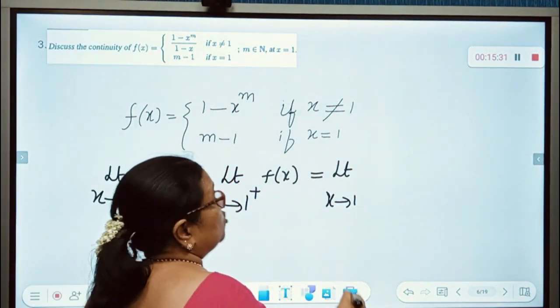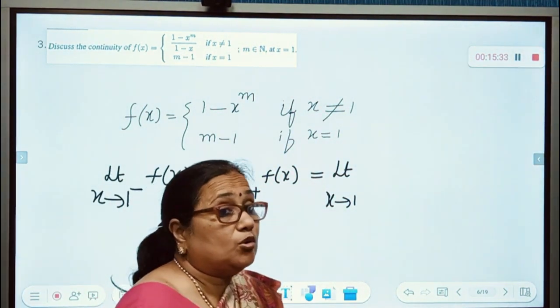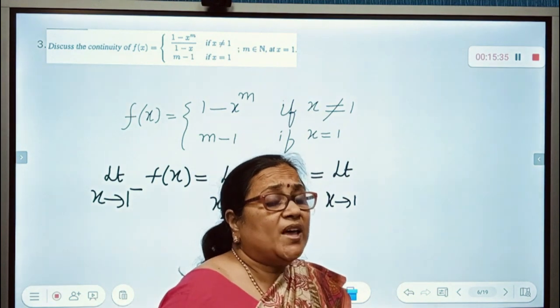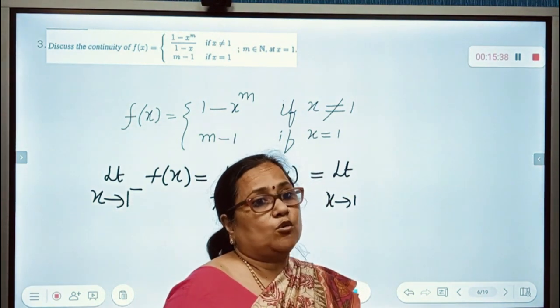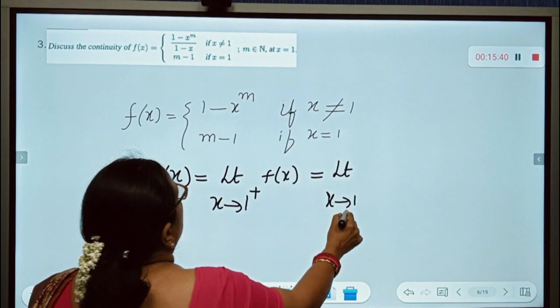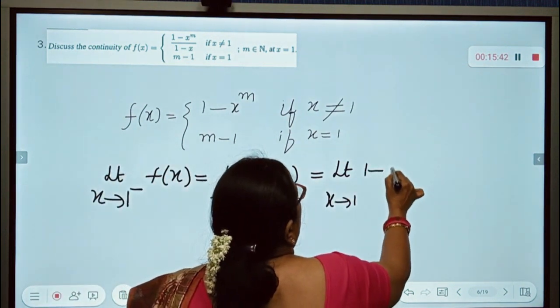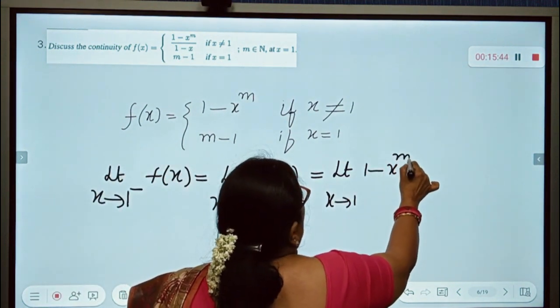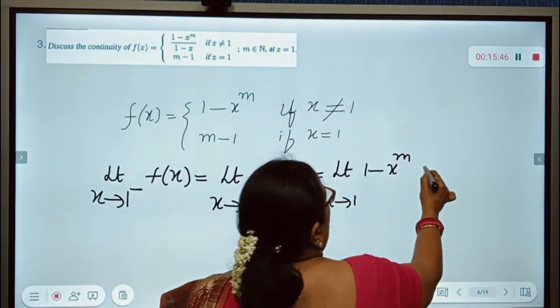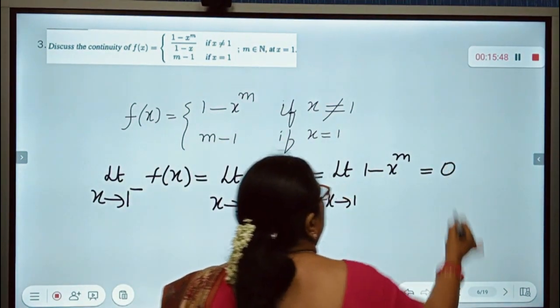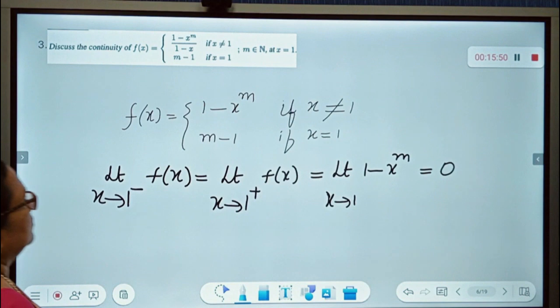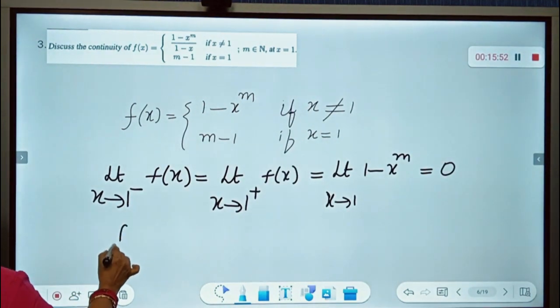When I say x tends to 1, please understand x is never equal to 1. X is only very, very close to 1, but not equal to 1. So when x tends to 1, I have to substitute in 1 minus x power m. So when I put x equal to 1, what will I get? This is 0. Now what is f of 1?